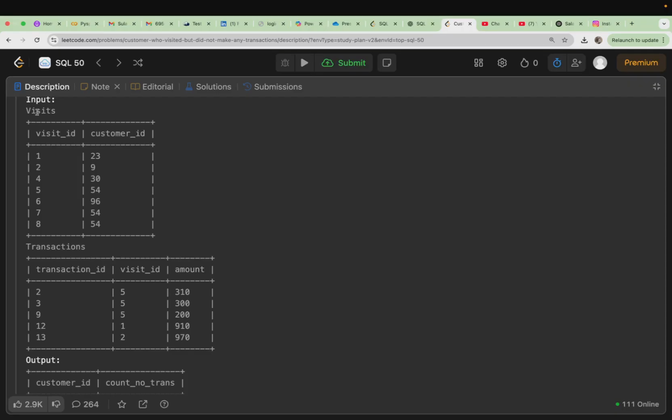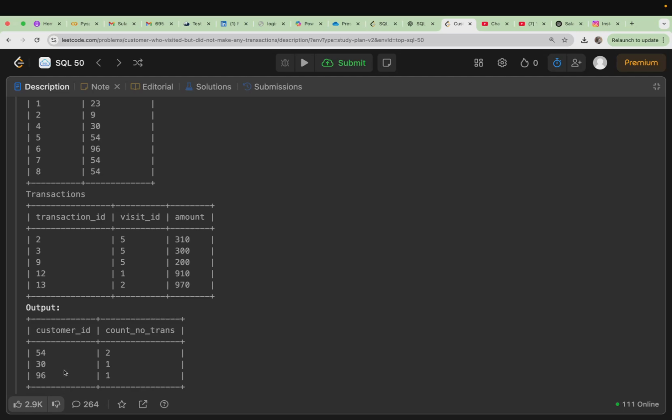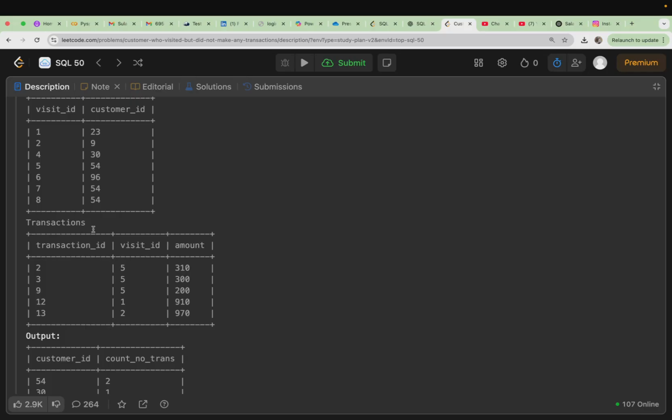So this is our visit table and this is our transaction table. And this is the output that we are expecting. In this output, let's take the first row as an example and try to understand how it works. Let's say we have customer ID 54 and he has visited the store 3 times, and those visit IDs are 5, 7 and 8.